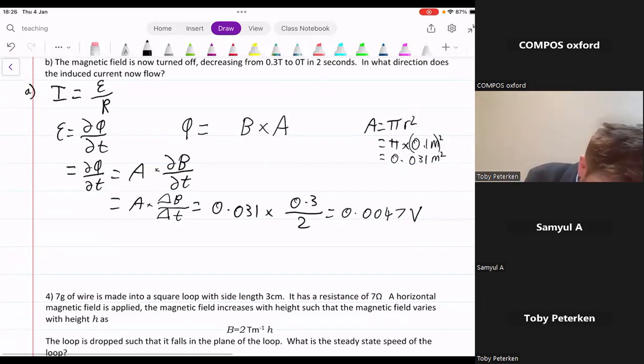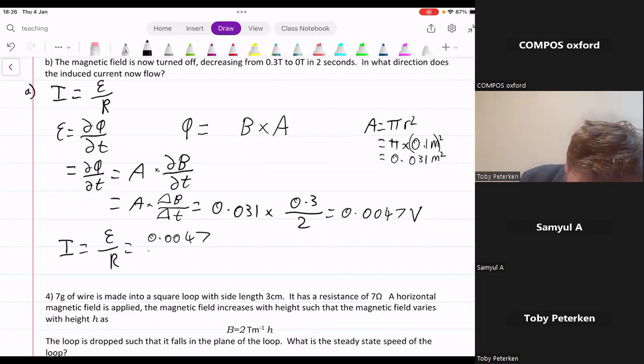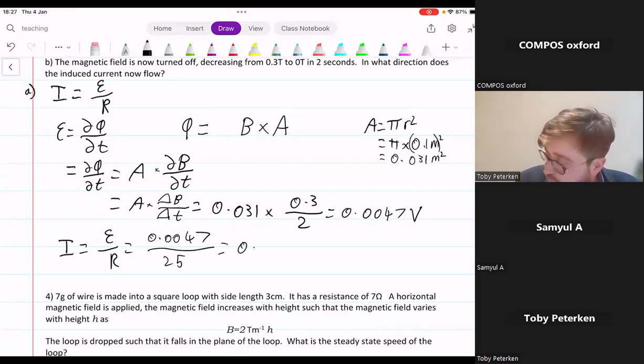Then the current is equal to the electromotive force divided by the resistance, which is 0.0047 divided by 25, which is 0.00019 amps.